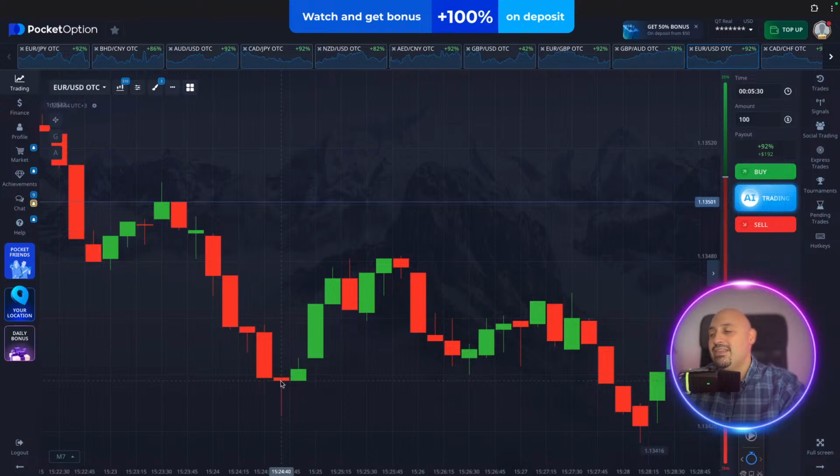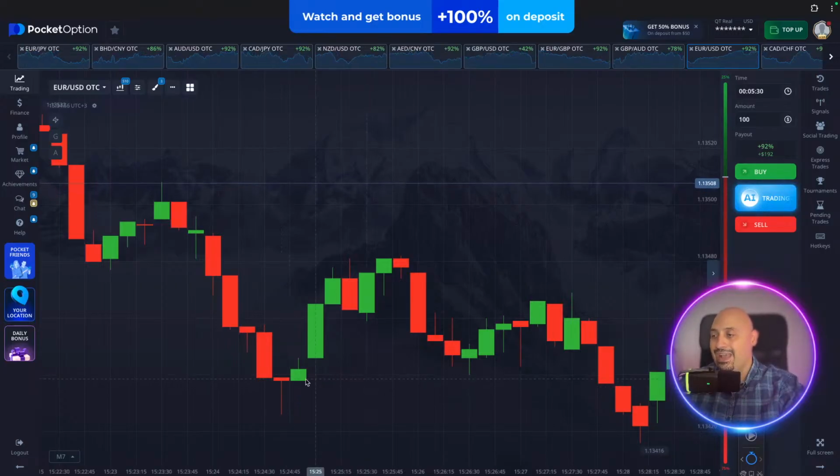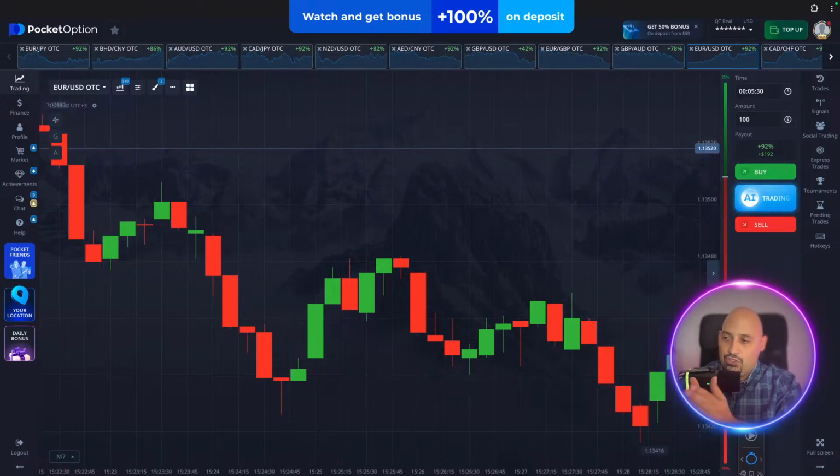It technically means that there could be a reversal. Could be is the magic word. So it can help you make more informed decisions. So this could be the end of this downward trend. This is a type of candlestick pattern that you can actually learn, but there are tons of them. So I'm not going to sit down now and show you all these patterns, but there are so many.